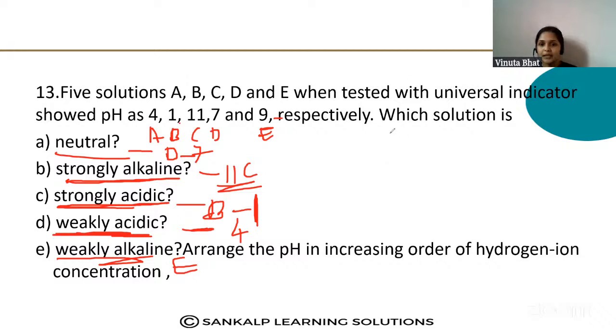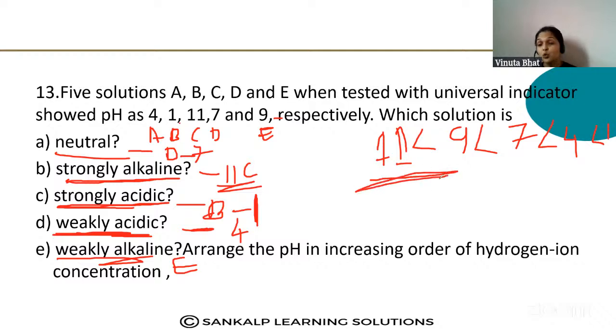For example, 11, which has fewer H plus ions, then 9, then 7, then 4, then 1. So this is the increasing order of H plus ions, because in the base there are fewer H plus ions and more OH minus ions, but in acids H plus ions will be more.